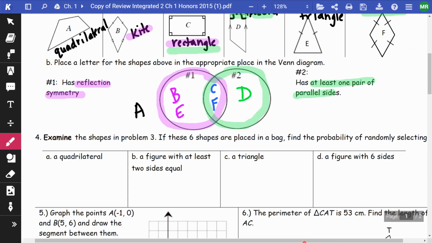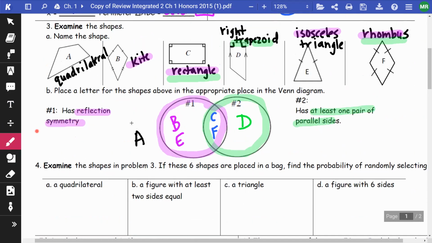Okay, so now looking at this, we want to answer these questions. I'm just going to leave these as fractions. So there's 6 shapes. And we want to find the probability of the following. A quadrilateral. So let me just kind of show the quadrilaterals. So this is a quadrilateral. So we've got 1, 2, 3, 4, 5 quadrilaterals.